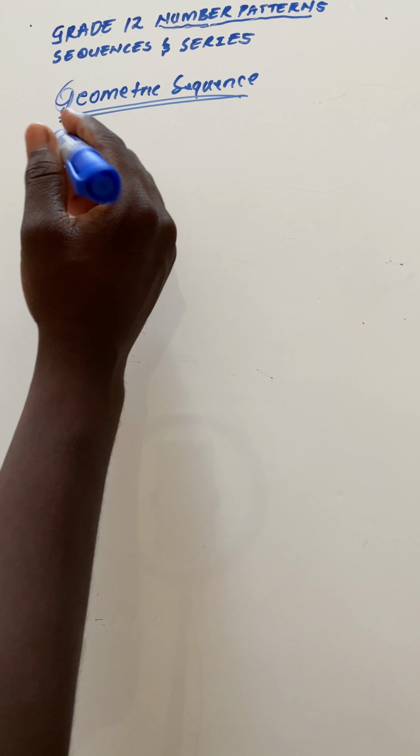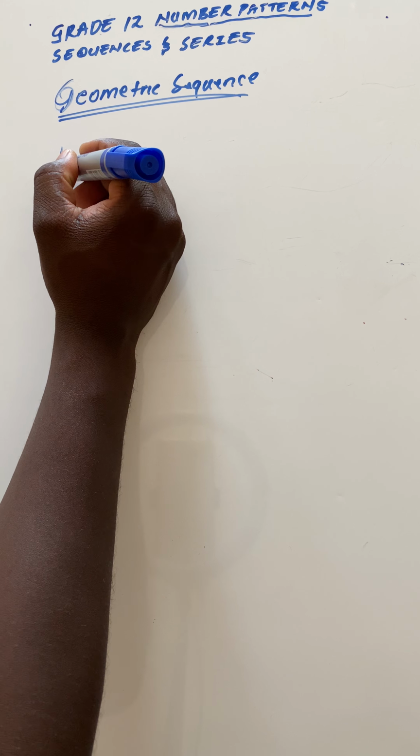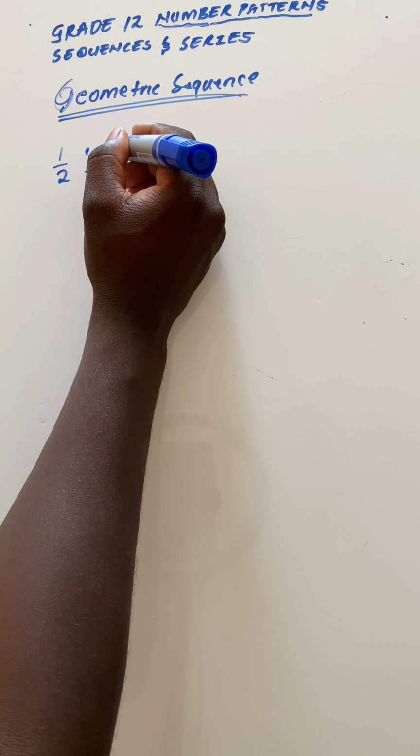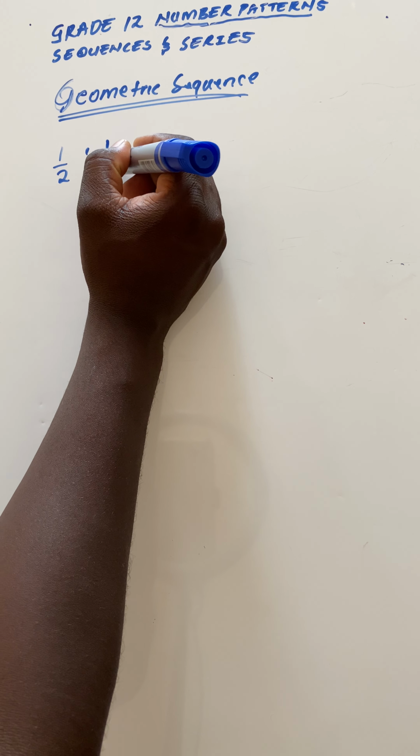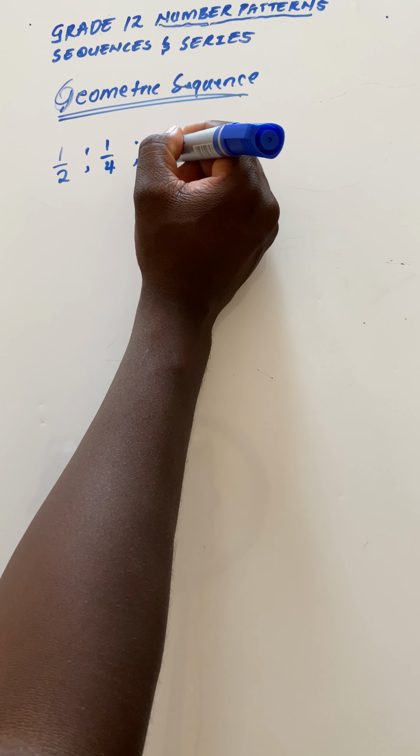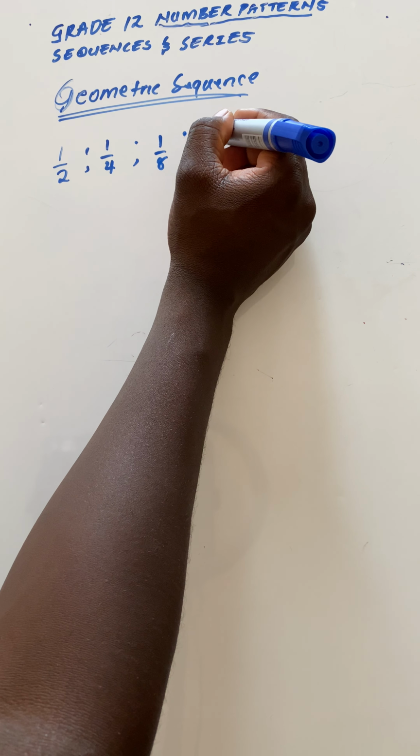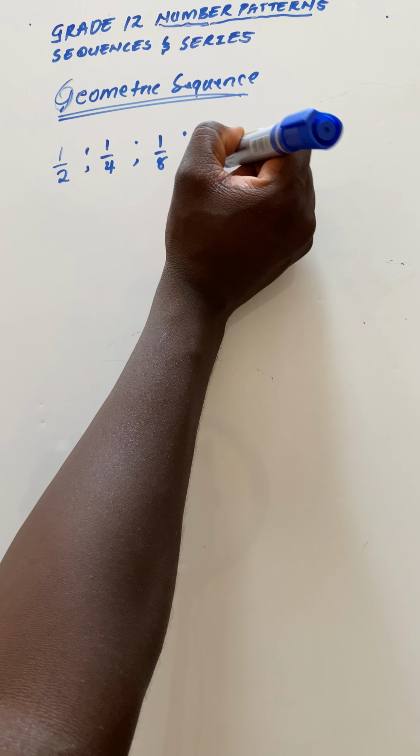Maybe I have 1 over 2, 1 over 4, 1 over 8, 1 over 16, right?